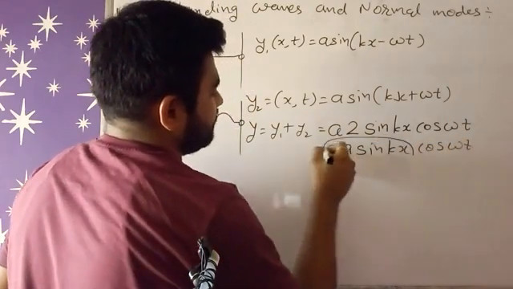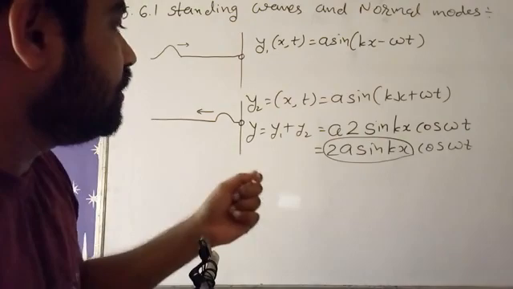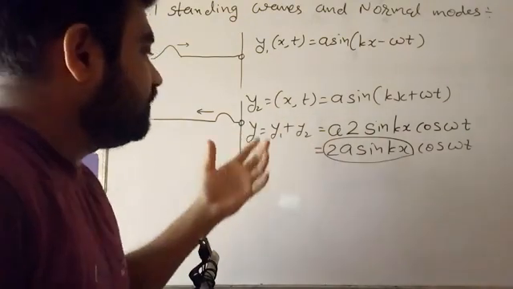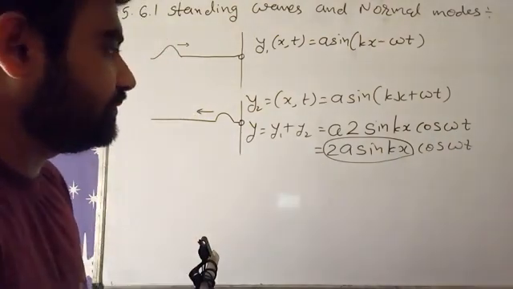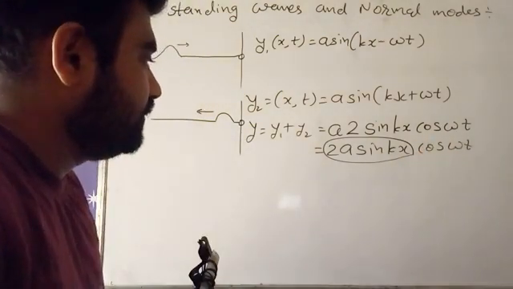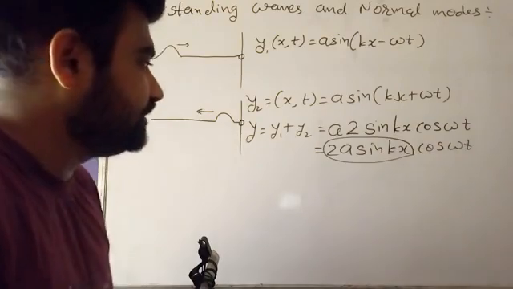So in this equation, 2a sin kx is known as the amplitude of our combination of waves, and cos omega t is the whole function of that wave. So this is the amplitude, this is the whole function.